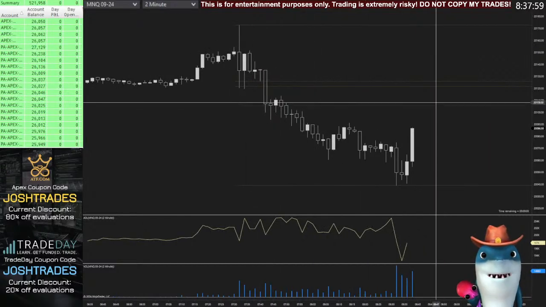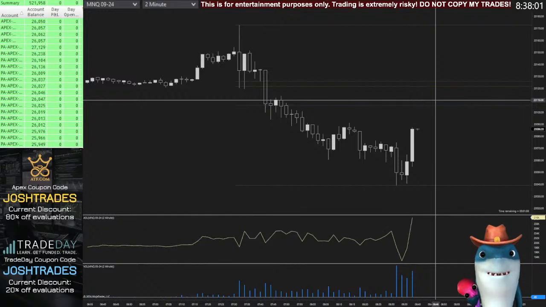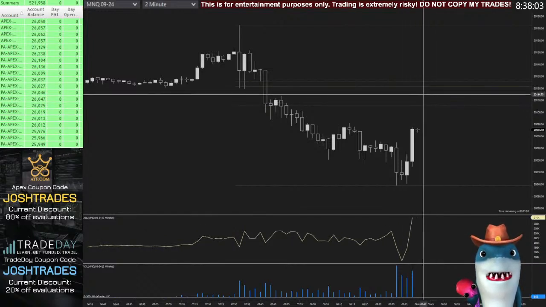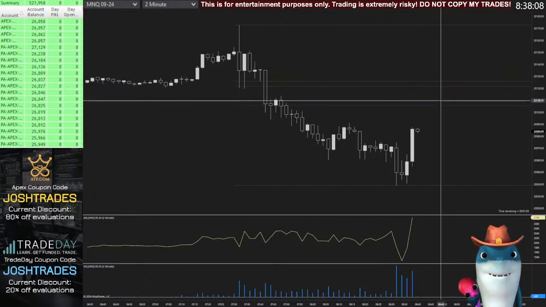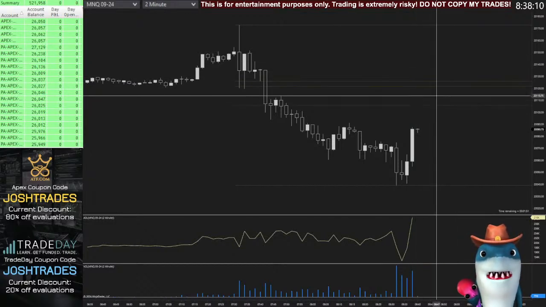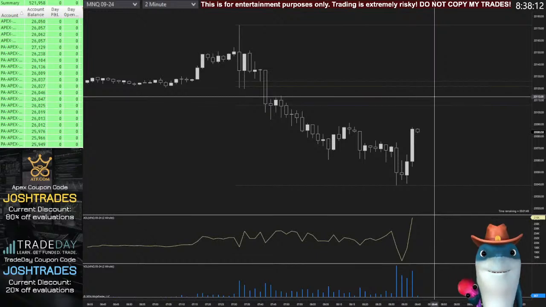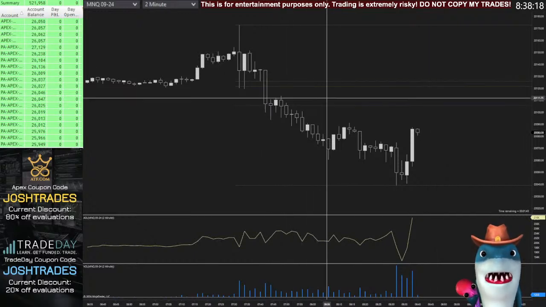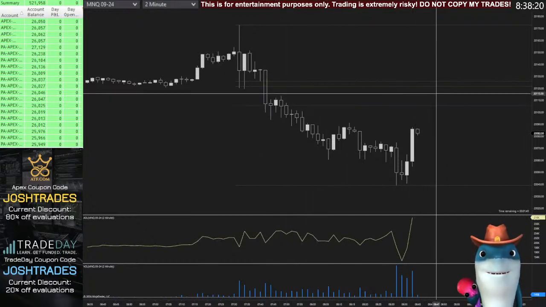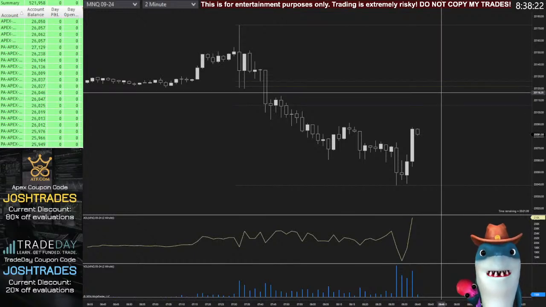If I have a short bias, I would look to enter short somewhere in this upper 50% level, and ideally around these minor internal liquidity pools. Here we have a little pivot high, so potentially there might be some stop orders up here.